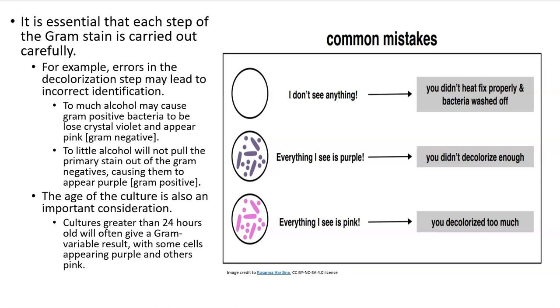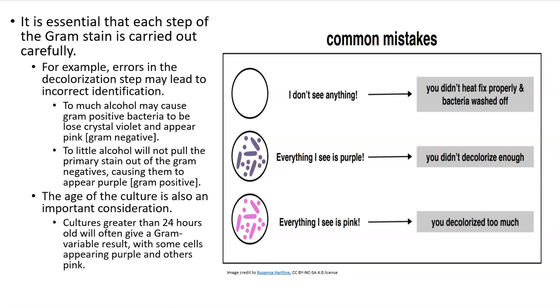So when they're rinsed with alcohol, they should stay purple, but if their cell wall has started to break down, they won't be able to hold on to the purple, and they'll actually stain pink in the end. So that can cause an error.